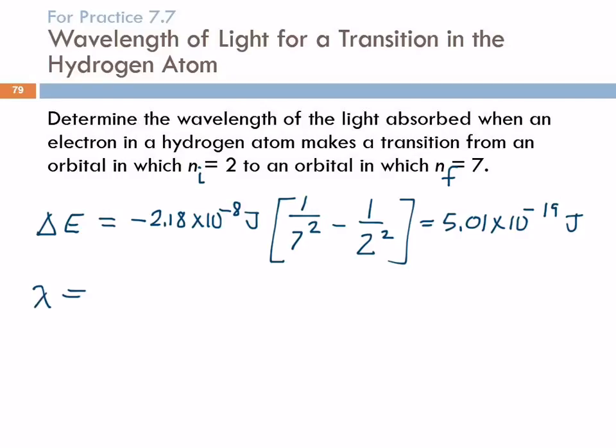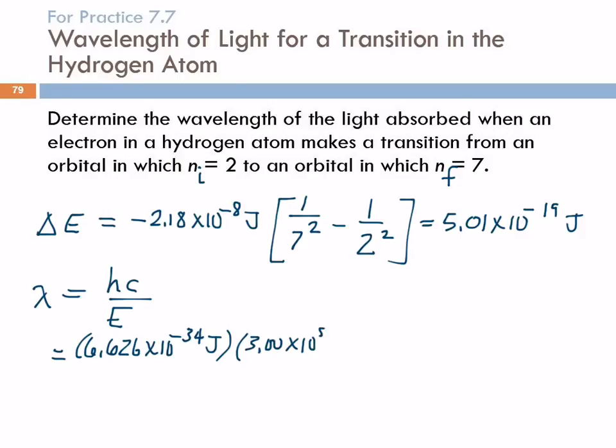The wavelength is equal to hc over the energy. So 6.626 times 10 to the minus 34 joules times the speed of light divided by the energy in joules.